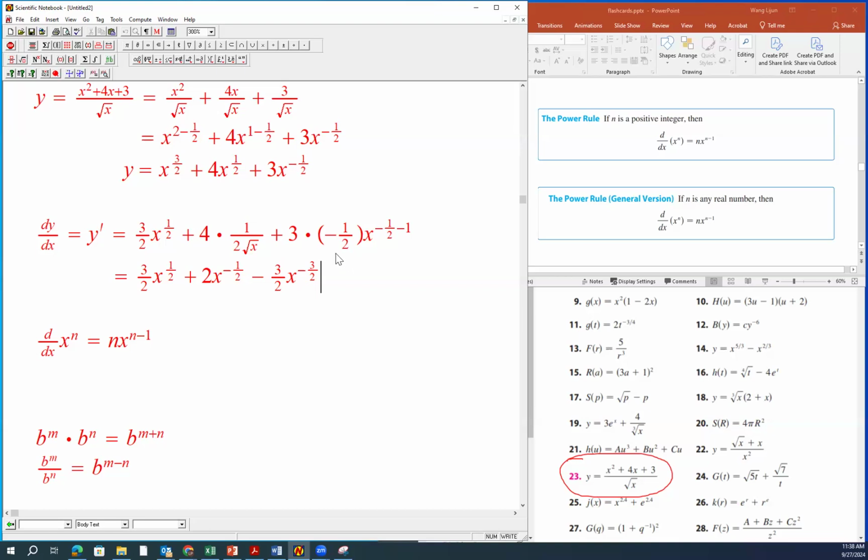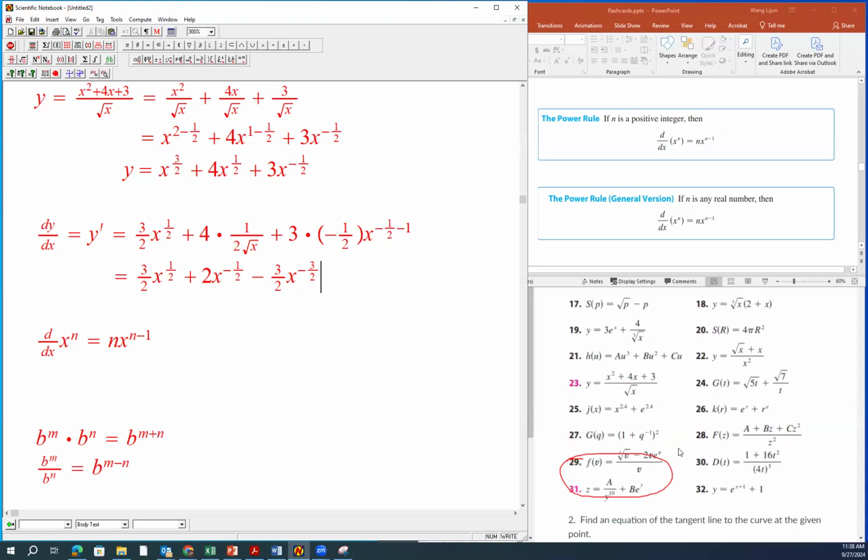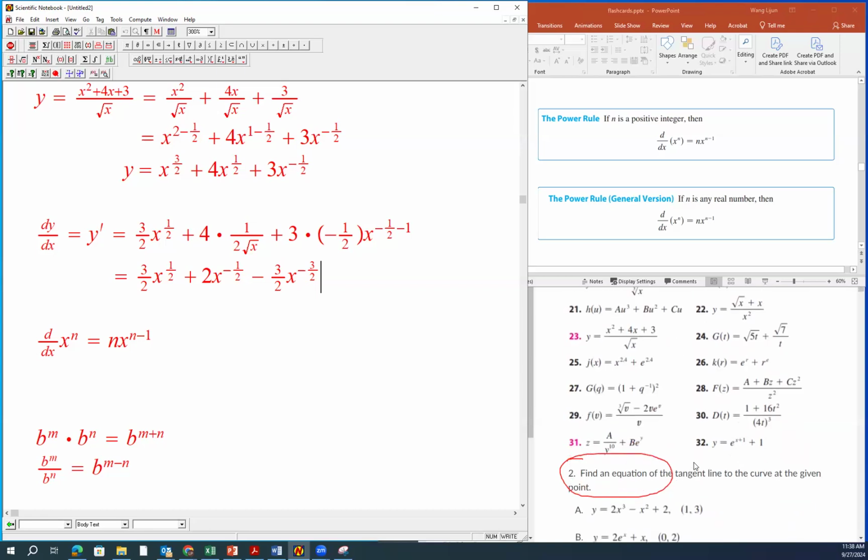But right now, we don't need to. Right now, we just learn to apply a power rule. Okay? Keep going. Let's see what else question we're going to have.